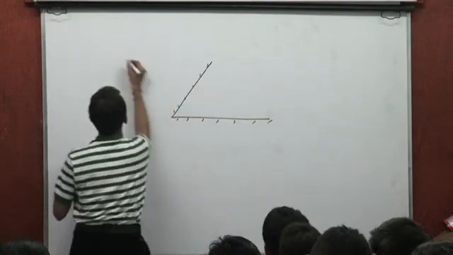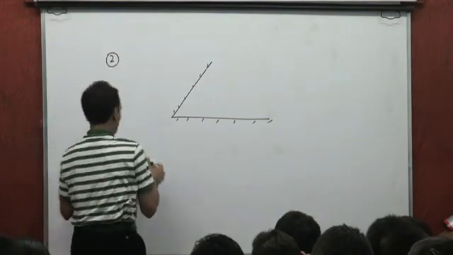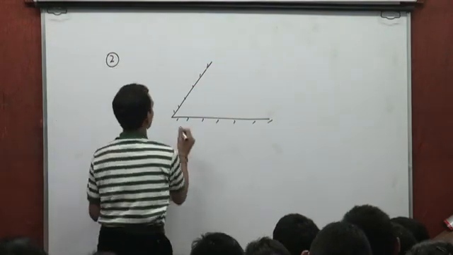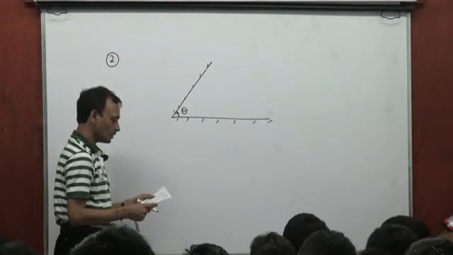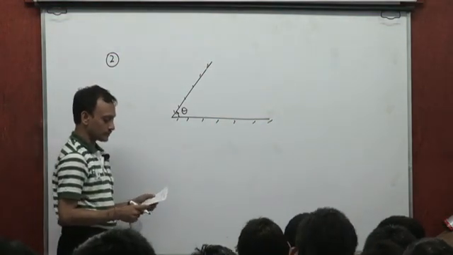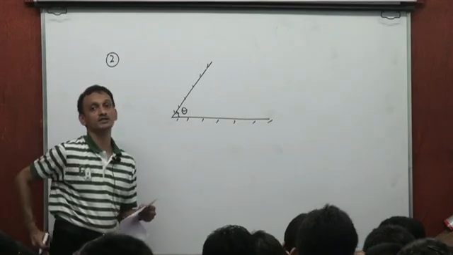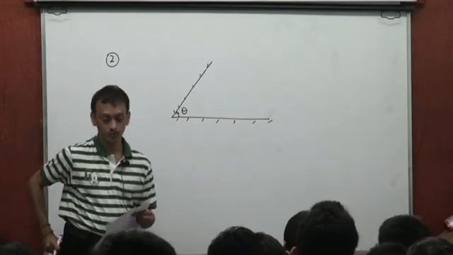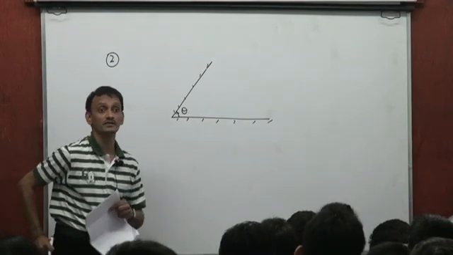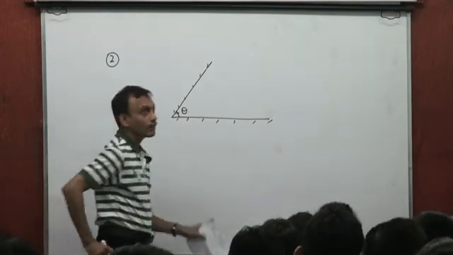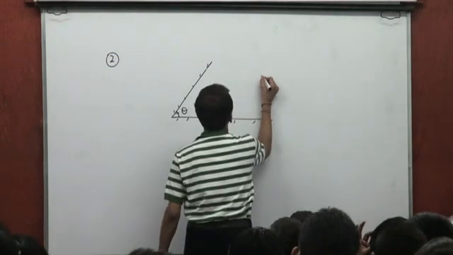So problem 2. Two mirrors are inclined at an angle theta. The ray starts retracing its path after the third reflection. See the grazing angle after the third reflection.